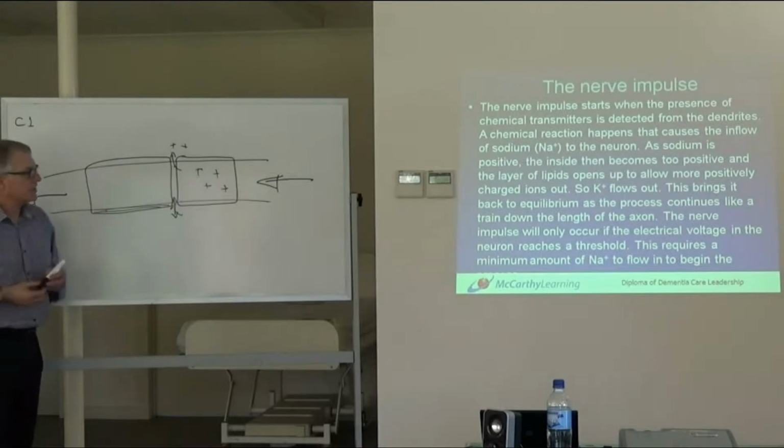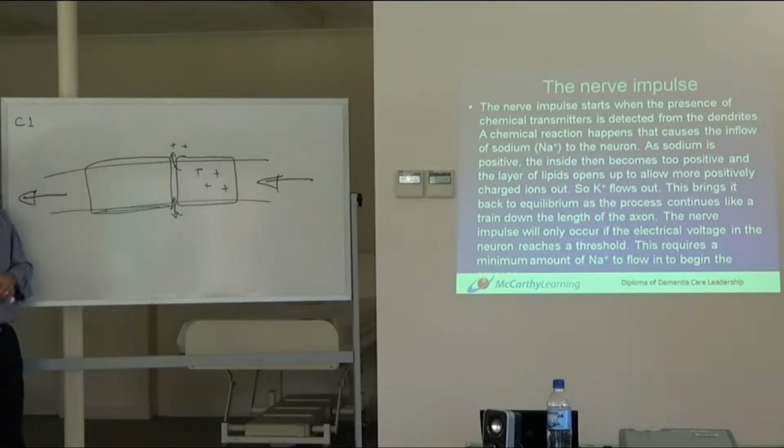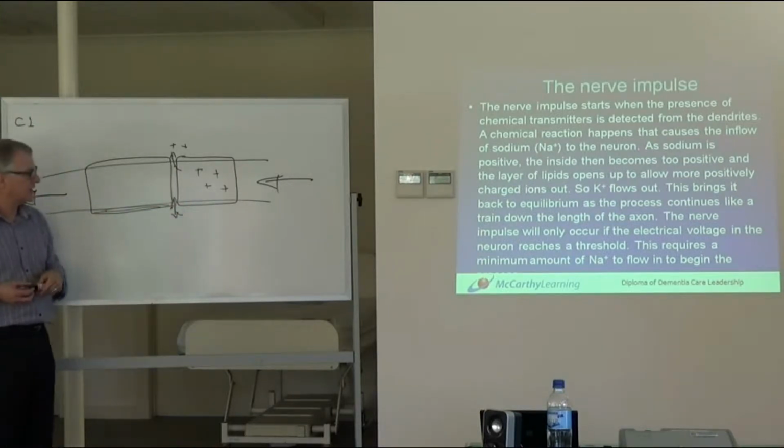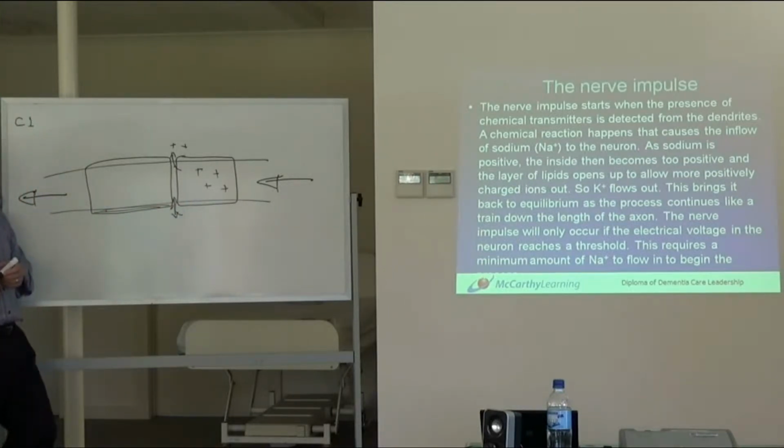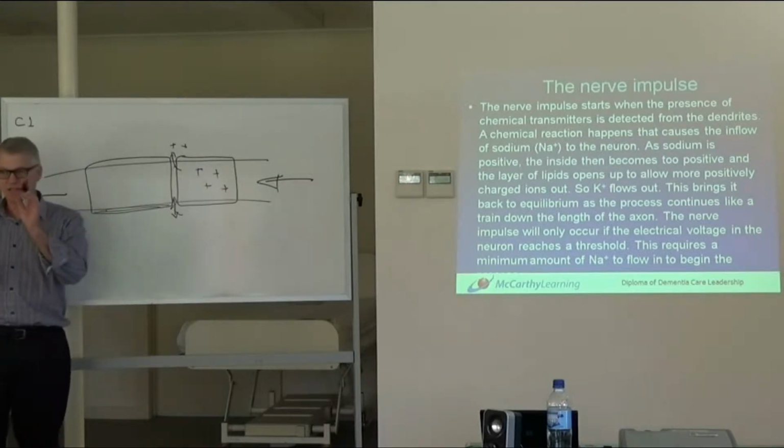As sodium is positive, the inside then becomes too positive, and the layer of lipids, these little fat layers on the outside of the axon, opens up to allow more positively charged ions out. Now, K is positively charged as well, and it is which chemical? Potassium. Good.